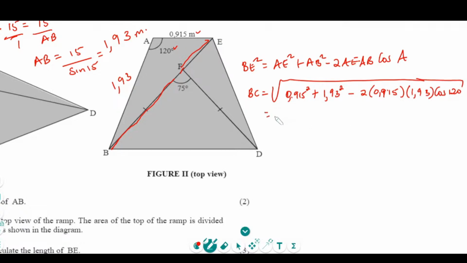Okay, put that in the calculator. I'm getting 2.52 if I round it off to 2 decimals. So this is 2.52 meters. Okay, that is that distance.